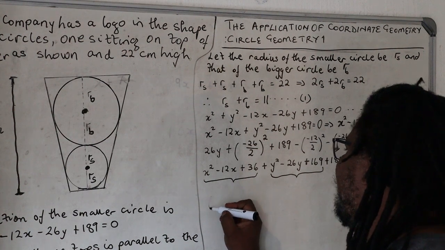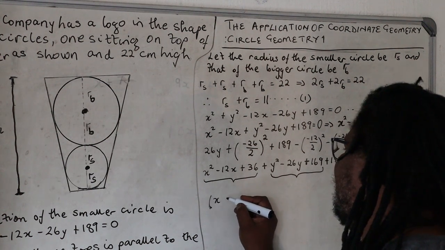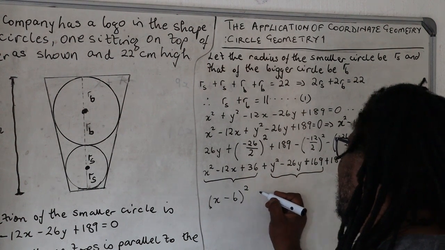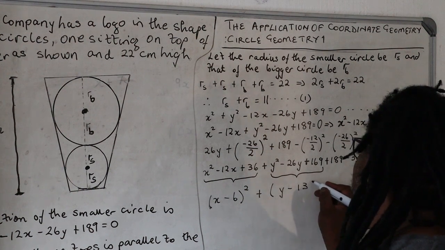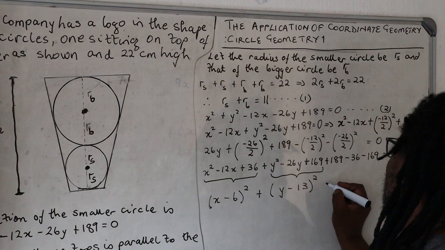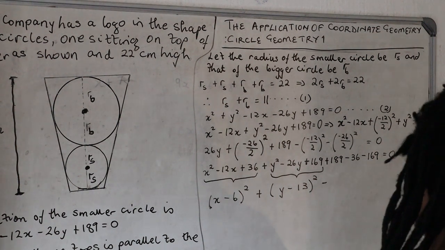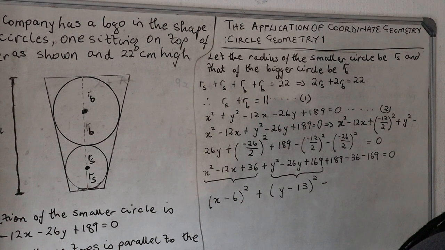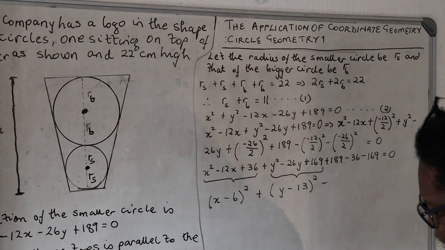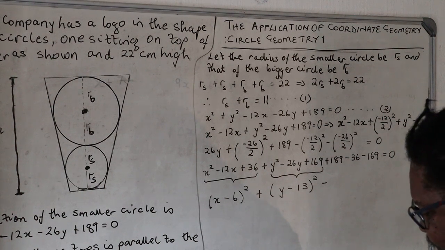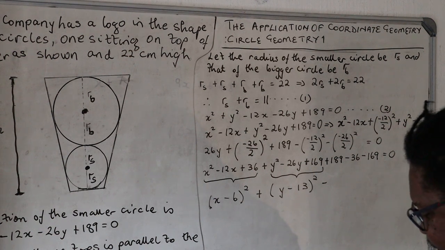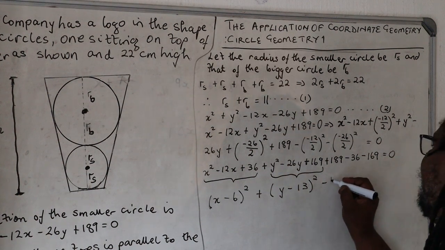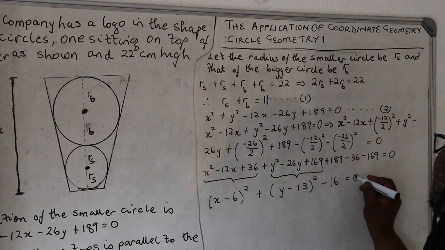So we have the x minus 6 squared plus bracket y minus 13 squared minus, if we say 189 minus 169 minus 36 equals to minus 16 equals to 0.